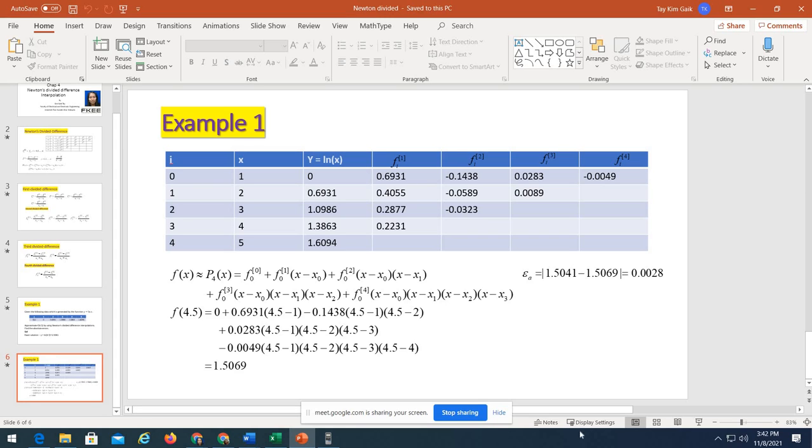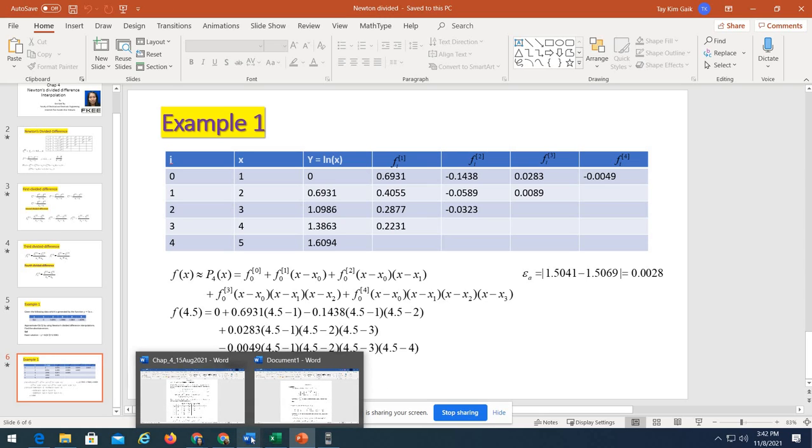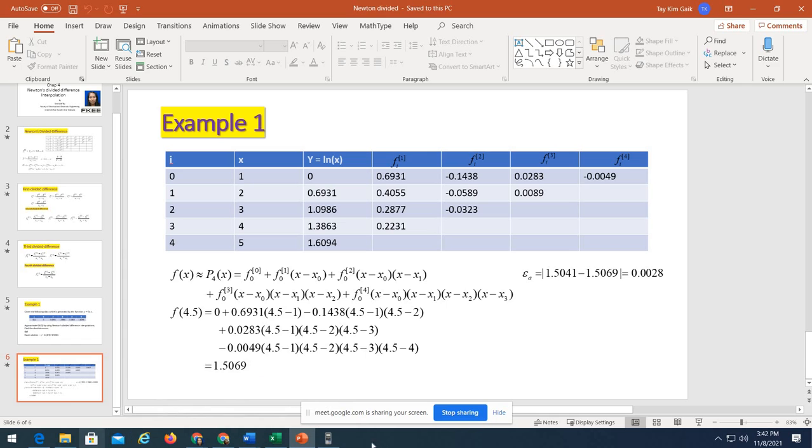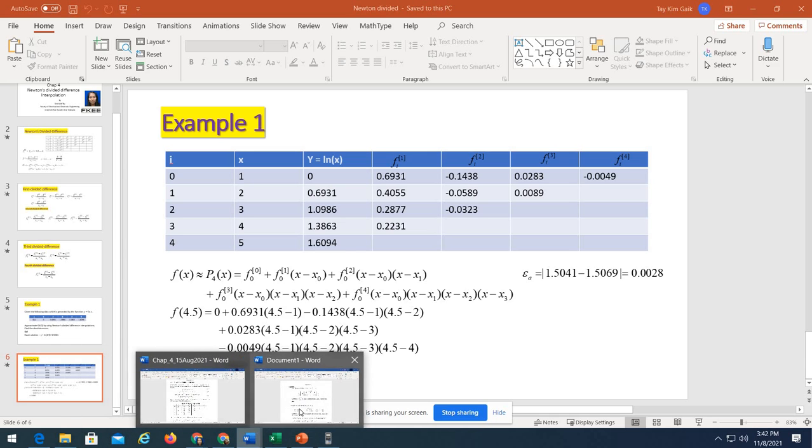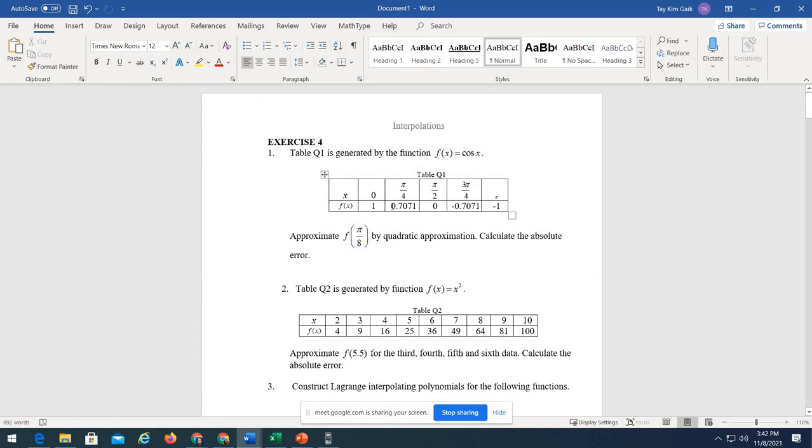I think we have almost run out of time, with only Newton divided difference left. Do you have any questions? If not, we don't have enough time to continue with the cubic spline. We'll do the exercise.